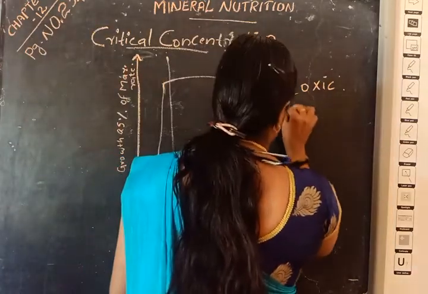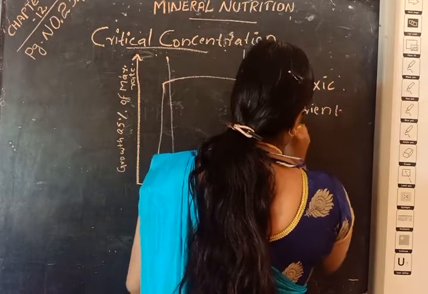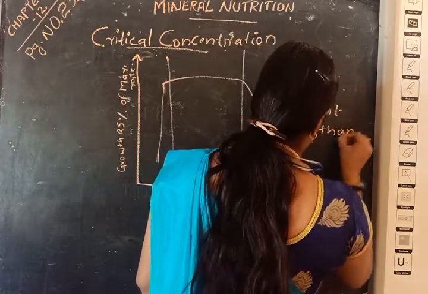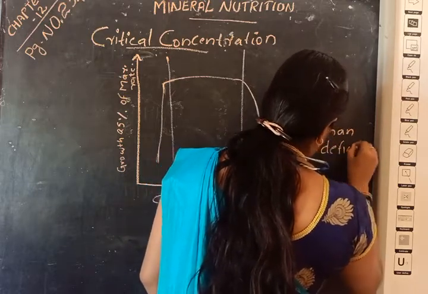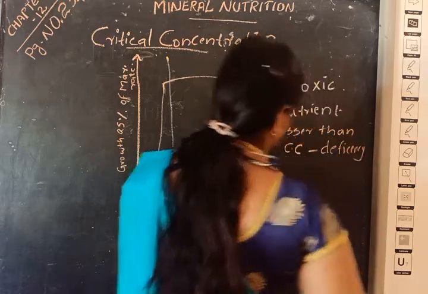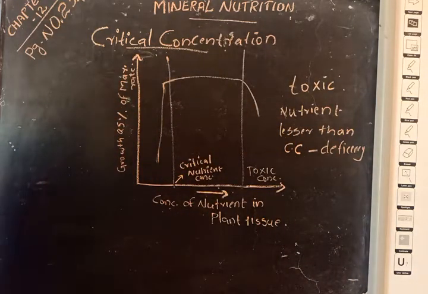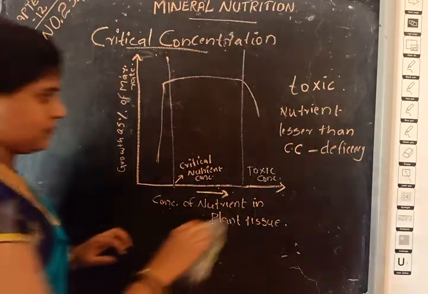If the nutrient is lesser than critical concentration, it shows deficiency symptoms, whereas mineral nutrients that are more than normal concentration cause toxicity.